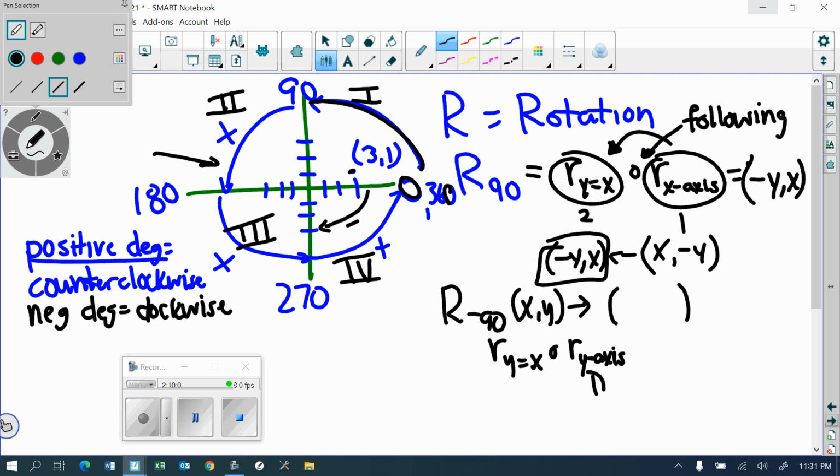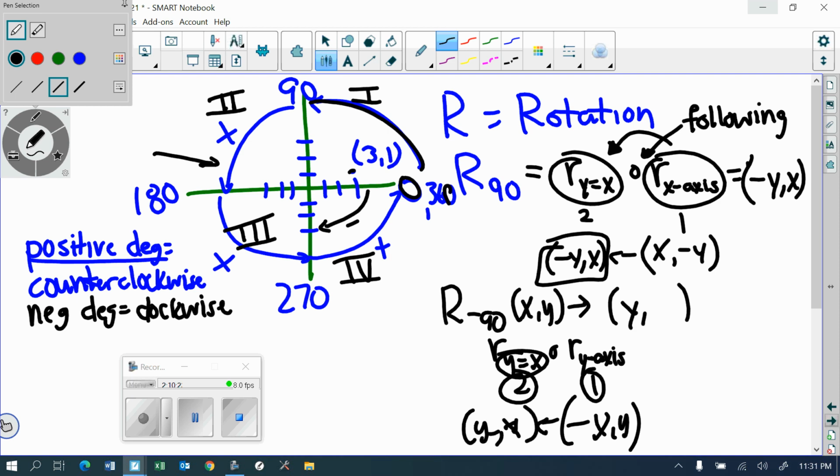So remember, that's the first one, this is the second one. What happens when I go over the y-axis? The x coordinate changes, y stays the same. Now what happens when I reflect over the line y equals x? I just switch the coordinates. So now that becomes y, negative x.